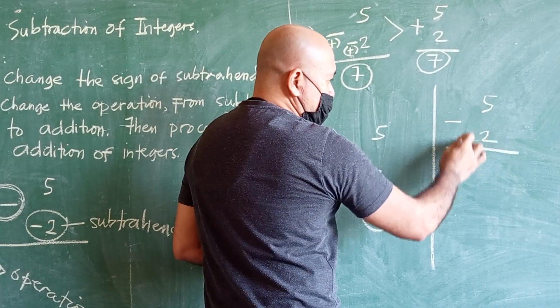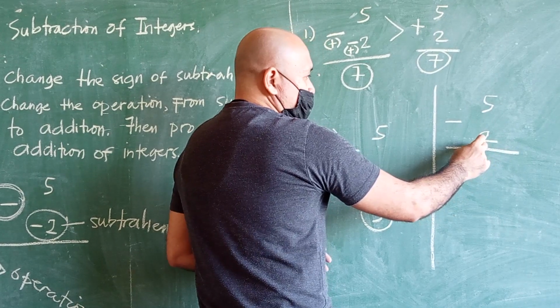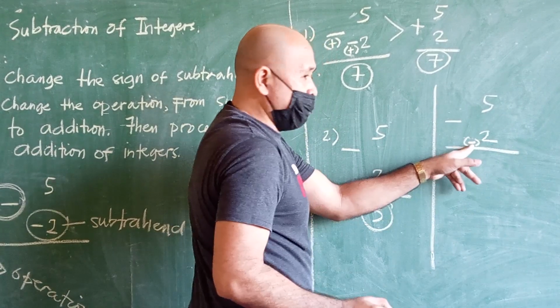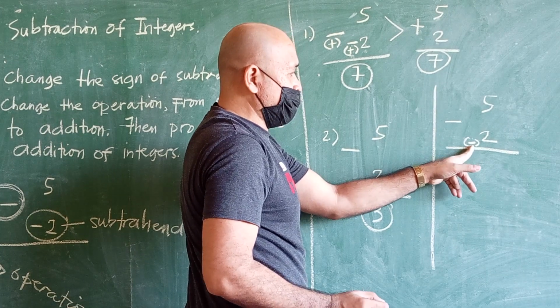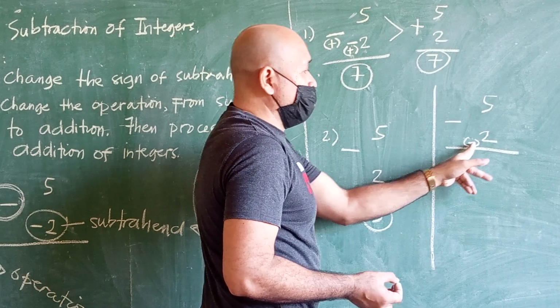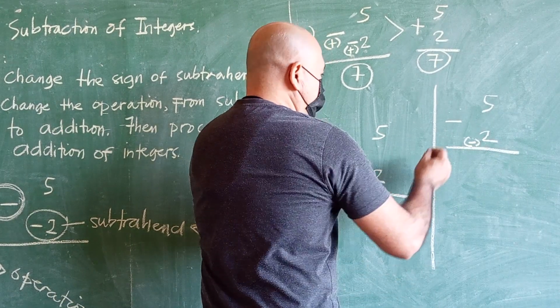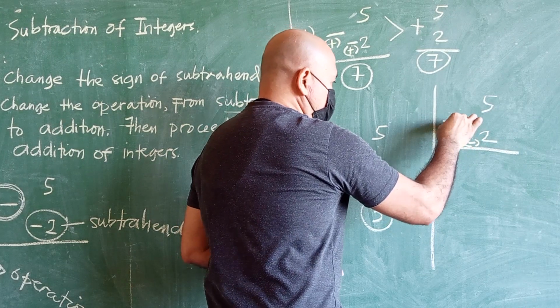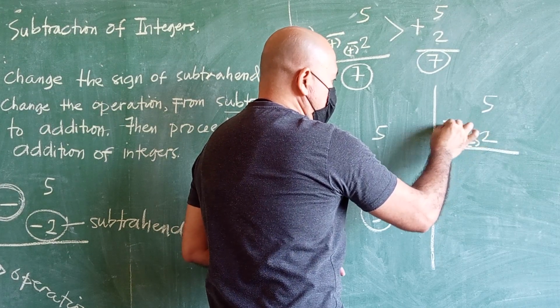Change the sign of the subtrahend. This is positive, so it will become negative. You place the negative inside the parentheses to denote that this is now the new sign of the subtrahend. And then change the minus operation, or subtraction, into addition.